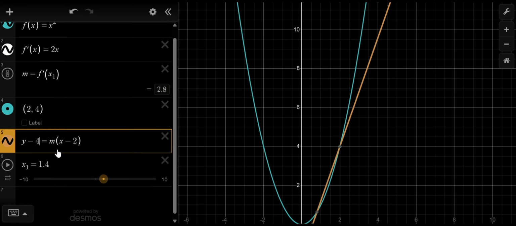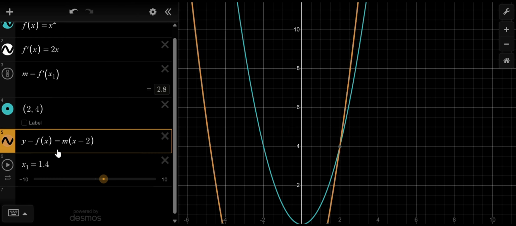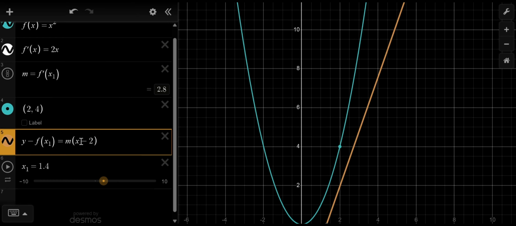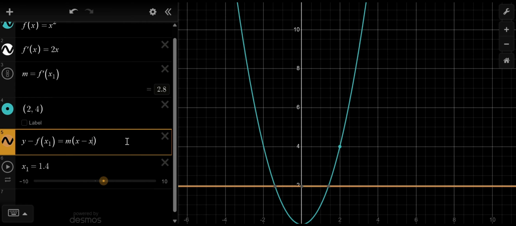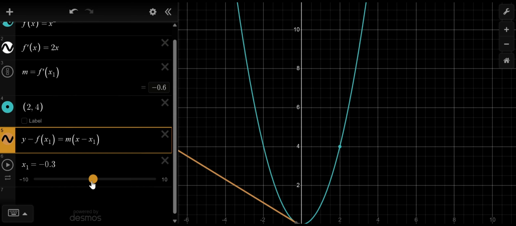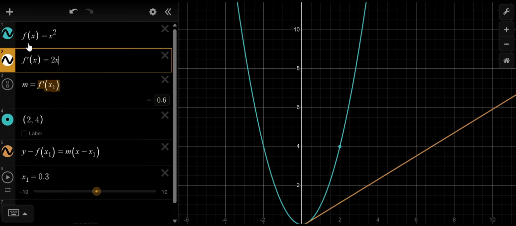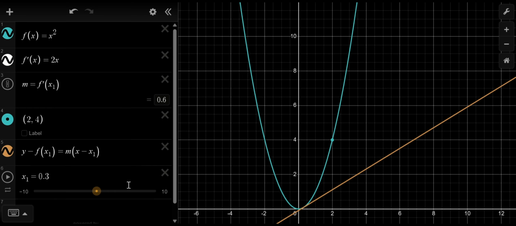Instead of y minus 4, we're going to do y minus y1. y1 is just f of this x1, and this 2 is just going to be this x1. So what did we do? We made x1 a slider, and we put an actual y1 over here. We made the slope be our little function we found here that represents the slope of the tangent line.